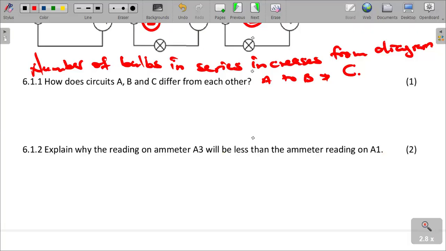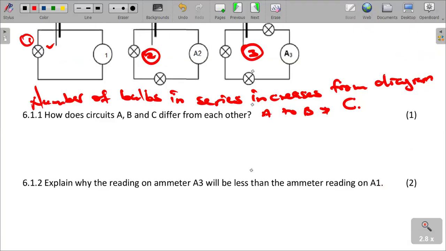We need to understand that the more bulbs or resistors in series in a circuit, the higher the overall resistance. So the ammeter reading on 3 is lesser than the ammeter reading on ammeter 1. Why is that so?